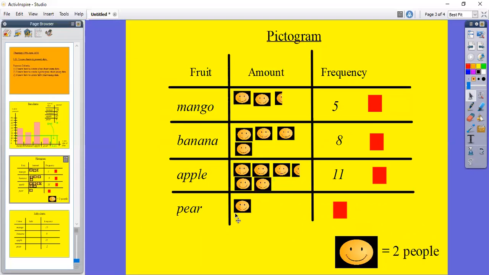And finally, pear was chosen by 2. So when you create your pictogram, you need to make sure you have your 3 columns, one for the fruit, one for your pictures, and then one for your frequency, and that's the actual number. You can always write the number in the column next to it so you can clearly see.